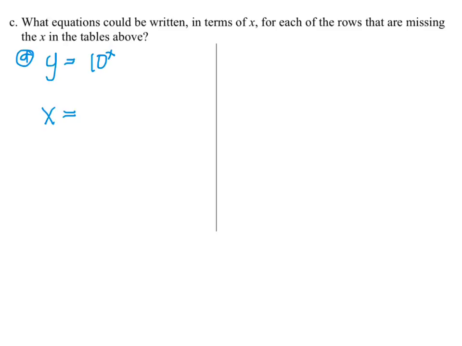So I'm just going to rewrite this in log form, x equals log of y. Now if I had wanted to know when y equals 533, what is x equal to? I can plug 533 directly into the y.